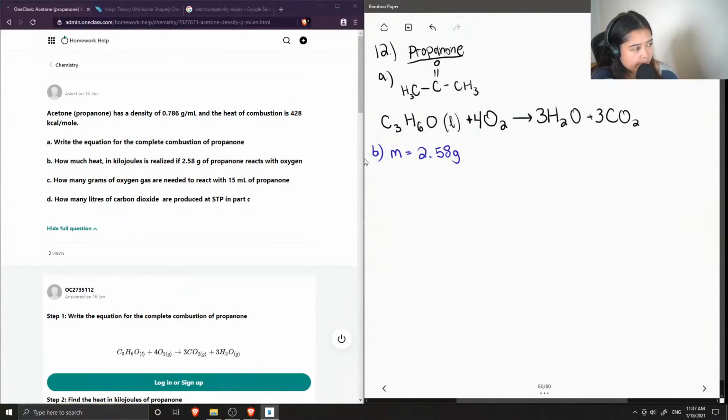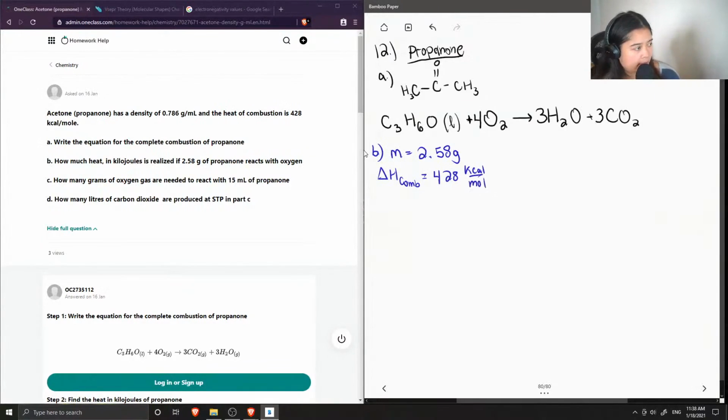And they gave us in the question that the heat of combustion is 428 kilocalories per mole. So let me write that down. Delta H of combustion is equal to 428, and the units are kilocalories per mole.